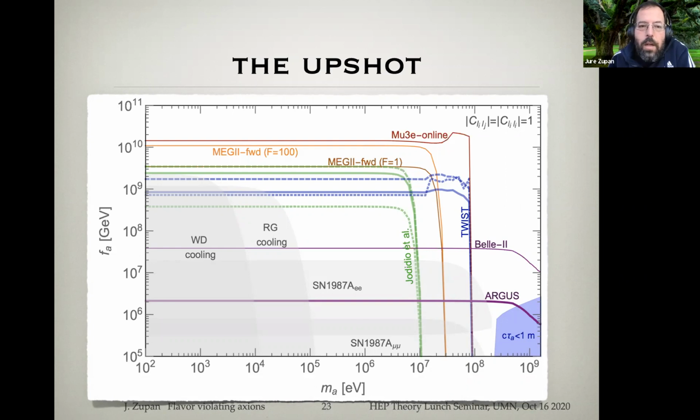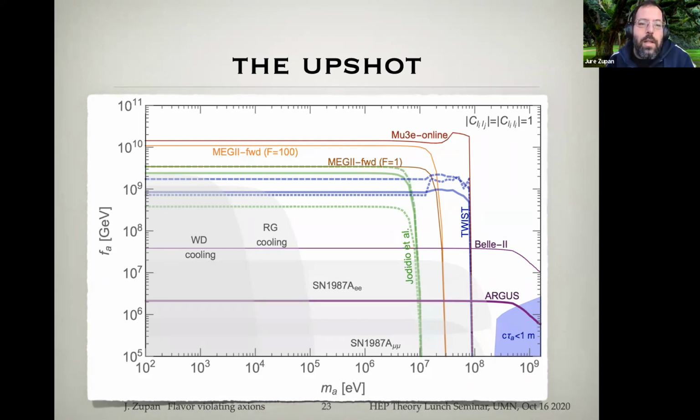We can't see the pointer for some reason. Oh, you can't see the pointer. That's very bad. All right, so I'm not sure what I can do, but there's c tau of the ALP less than 1 meter in the lower right bottom corner. This is where you start getting the displaced decays.